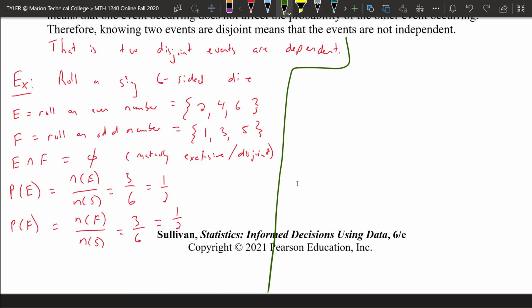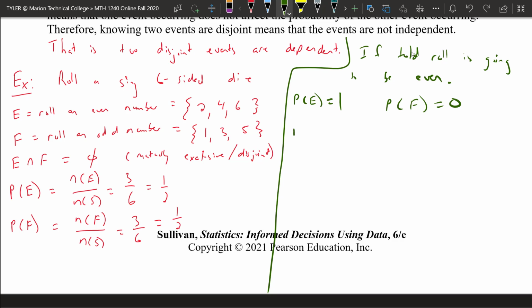So let's say you're told that your roll is going to be even. Then that would mean that the probability of E is going to equal 1, because I know I'm getting an even number, where the probability of F is now going to be 0. It can't happen because I got an even number.